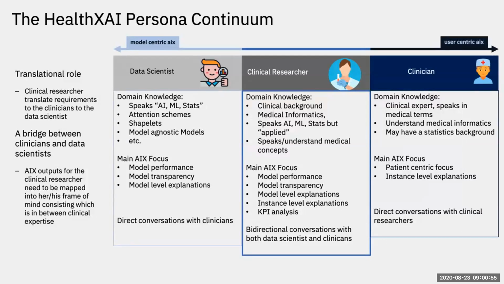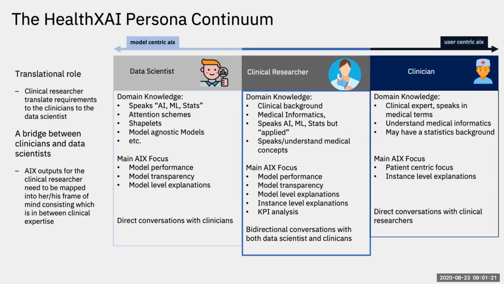When we focus on the healthcare persona, we can then bucket the personas into these three scenarios. We are not covering the patient persona as that is a very different use case which is outside the scope of this tutorial. For now, we can look at the data scientists, the clinical researchers, and the clinicians.